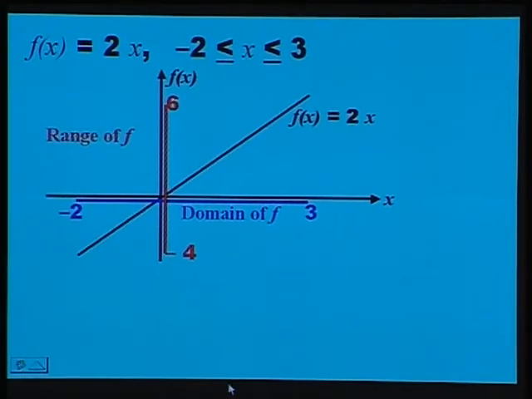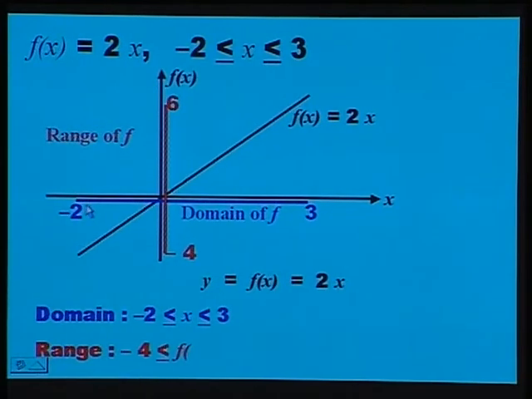When a graph is drawn, we usually write it as y is equal to fx equal to 2x in this case. The domain of the function f is from -2 to 3, whereas the range is from -4 to 6. Or we write it as fx from -4 to 6, or y from -4 to 6.